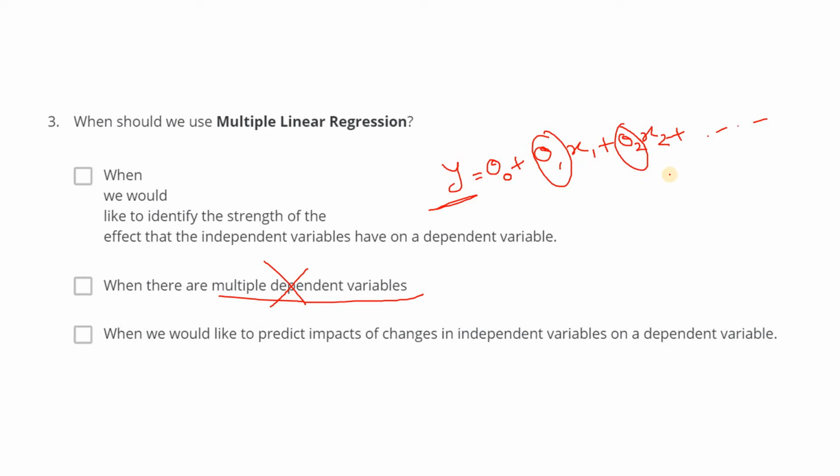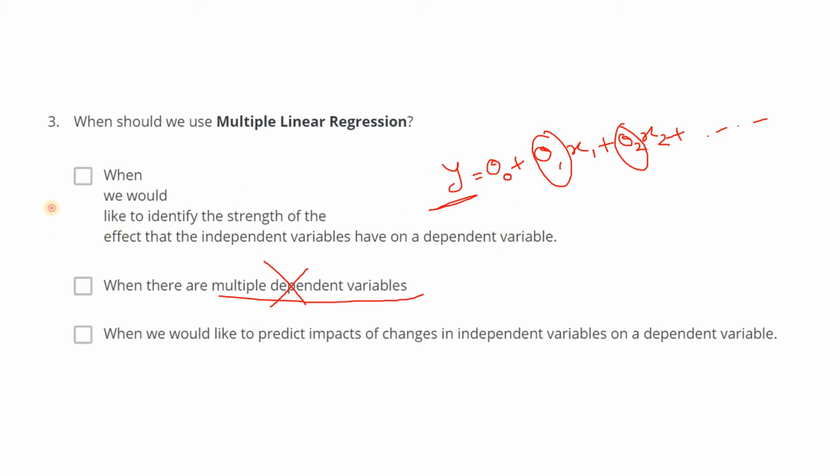And if the theta 1 or theta 2 value is larger, that means they are impacting more strongly, we can say. Right, so that's the simple idea. Now, from this, let us try to get the correct answer. So, when we would like to identify the strength of the effect that the independent variables have on the dependent variable.